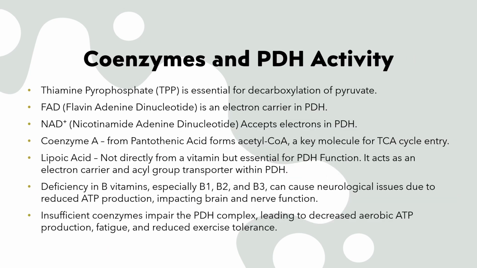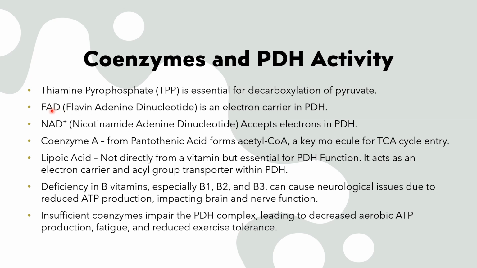In addition to the 3 enzymes, we know pyruvate dehydrogenase requires 5 coenzymes. The first one we saw, thiamine pyrophosphate, which is derived from B1 or thiamine, is very important for the decarboxylation of pyruvate, and we see it's a coenzyme and sits at the active site and actively participates in the decarboxylation of pyruvate.